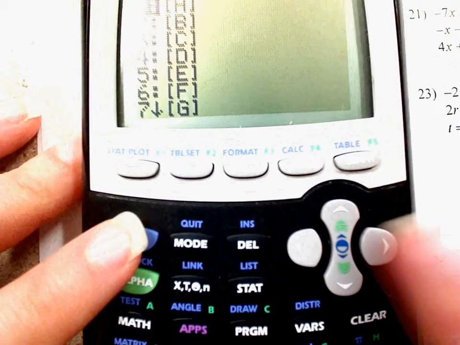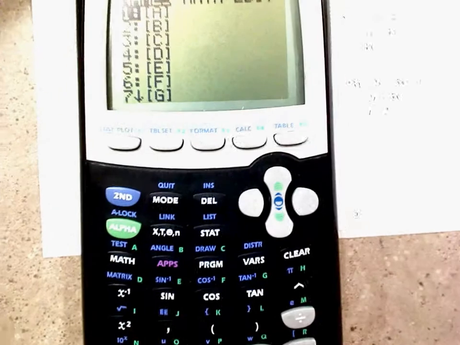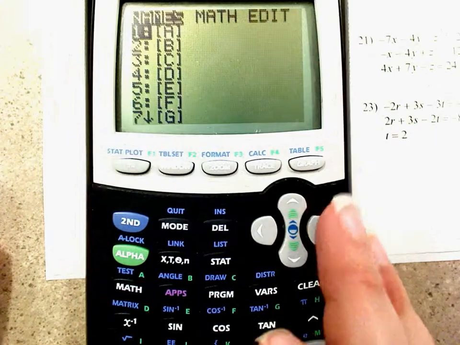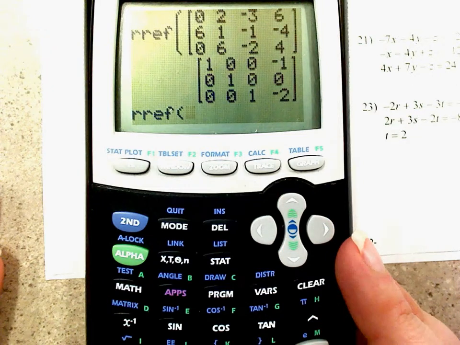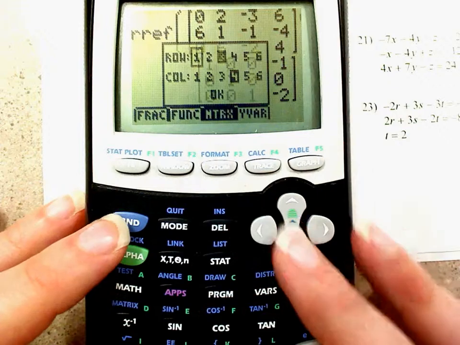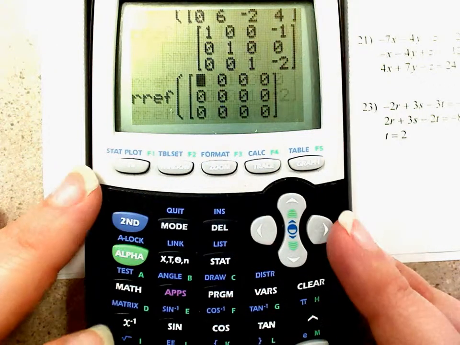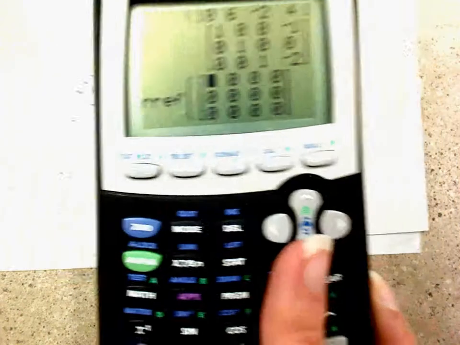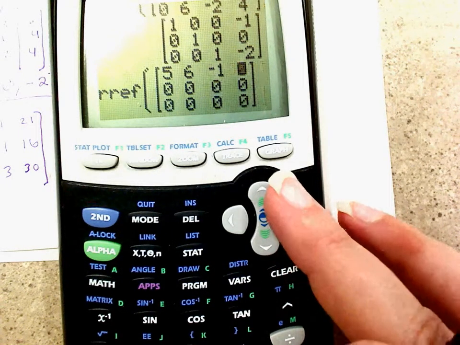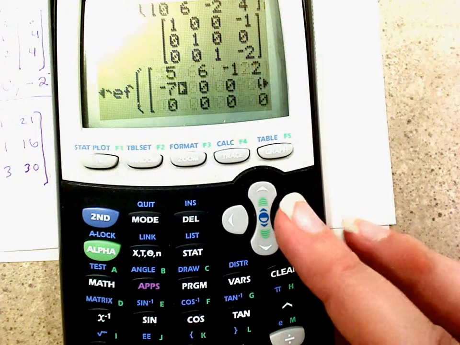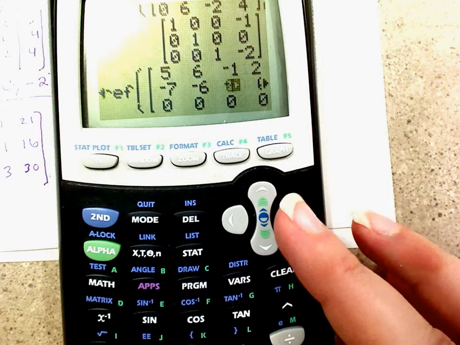Up to RREF. How do I get the matrix in there? Alpha zoom. It's a 3x4, so I press enter, and I enter in my numbers, right? 5, 6, -1, 21, -7, -6, -1, 16, 3, 6, -3, and 30.